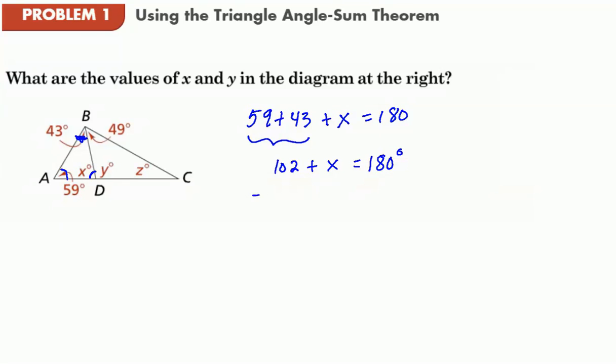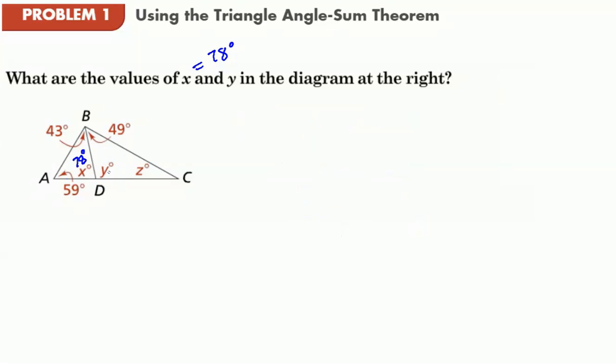So we subtract 102 on both sides, and so x is going to give us a value of 78 degrees. So there's our first answer. So I'm going to go ahead and just put here 78 degrees for x.